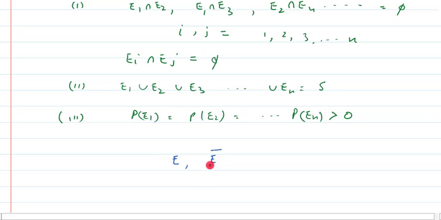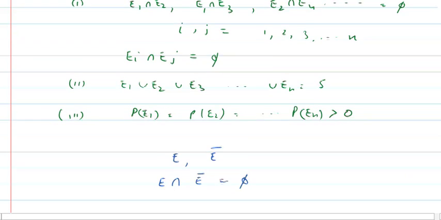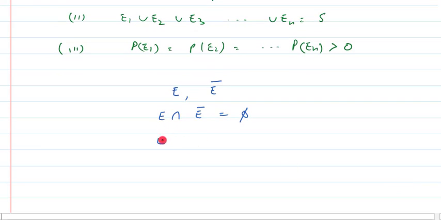Why is this so? Because E intersection E naught is equal to phi. Nothing is common out of these two. First condition gets satisfied. Second condition is E union E naught is equal to sample space.